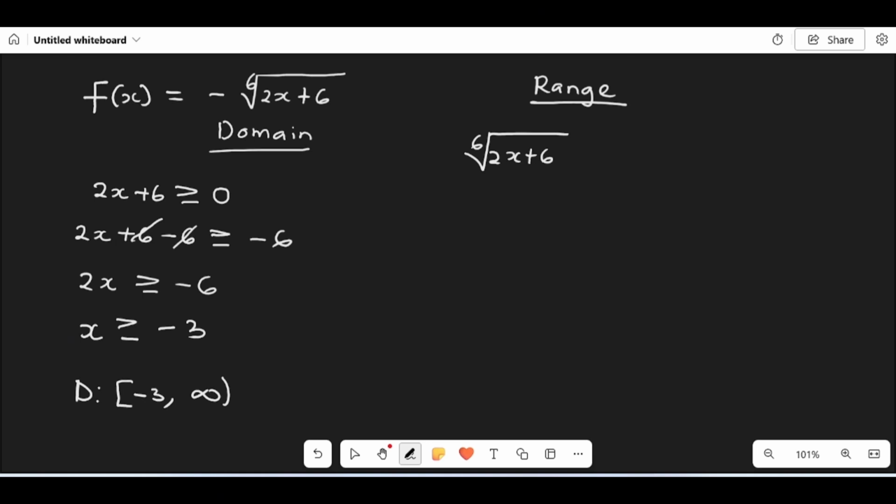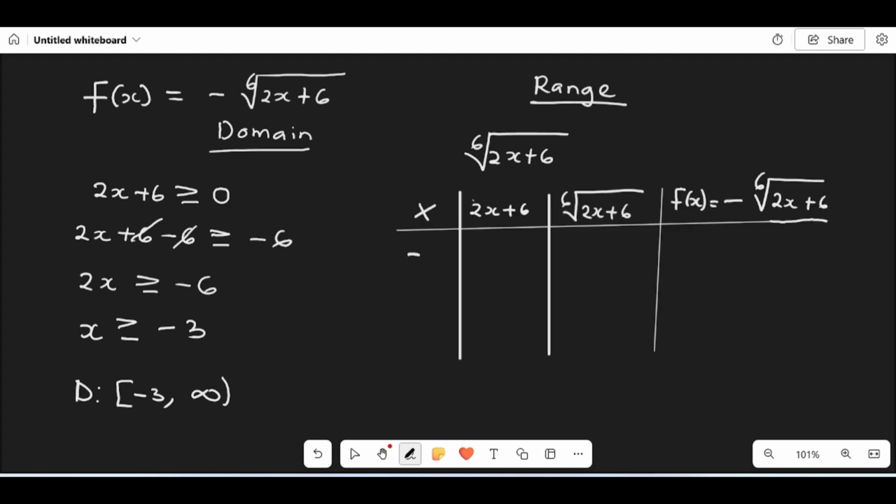Let us plug in some values of x that satisfy the domain. Minus 3 is part of our domain, 1 and also 2.